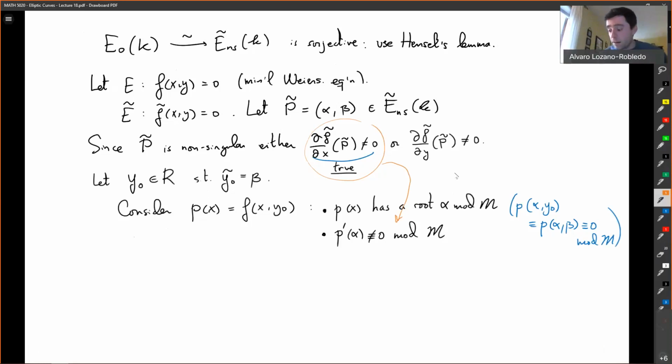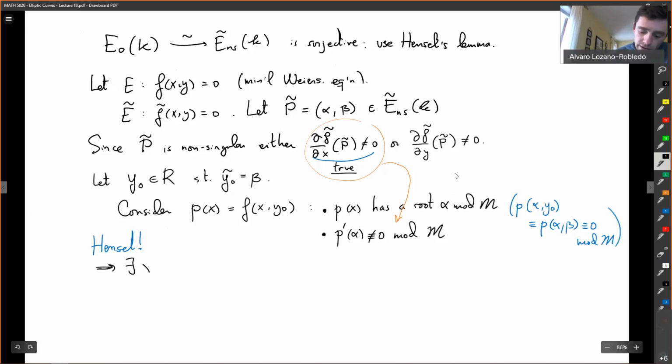And that is exactly the setup of Hensel's lemma. If you have a polynomial that has a root modulo m and the derivative is non-zero, then there is a lift. So that is where Hensel comes to the rescue. So Hensel tells you that there is an x naught in R such that x naught is congruent to alpha modulo m, and P of x naught equals 0 in R.